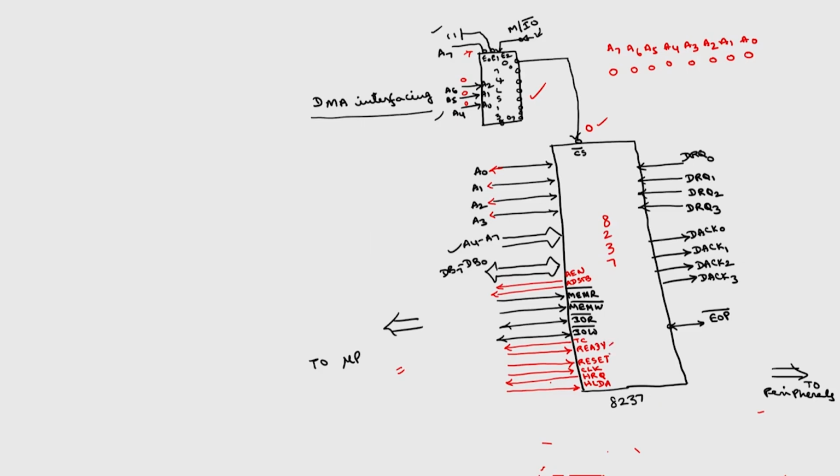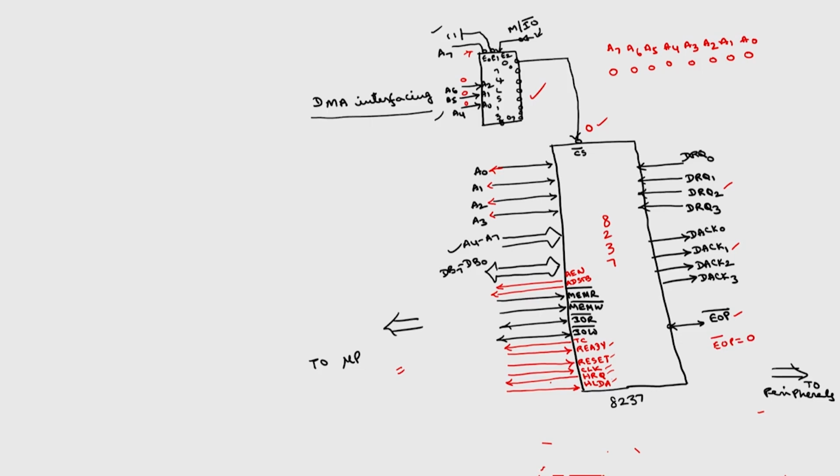Similarly, reset and clock are default signals, and then there are the DMA request and DMA acknowledge signals. End of process: whenever the process is completed, as the name implies, if EOP is 0 it means the process is over. So, these are the different signals.